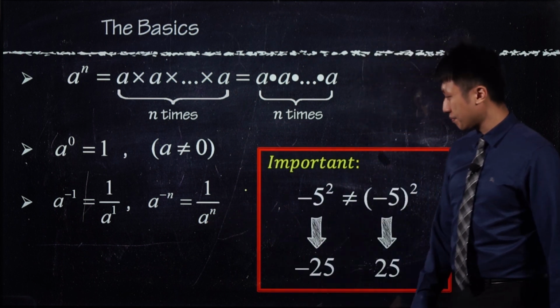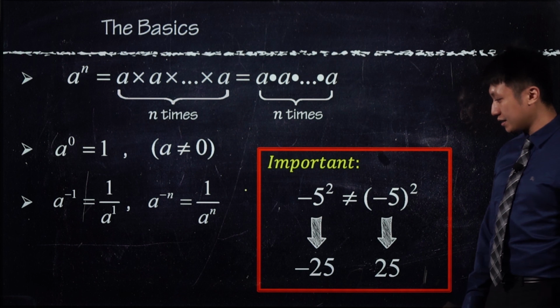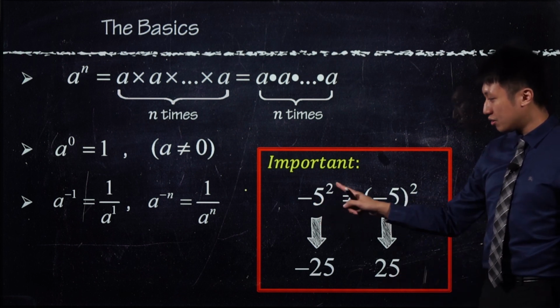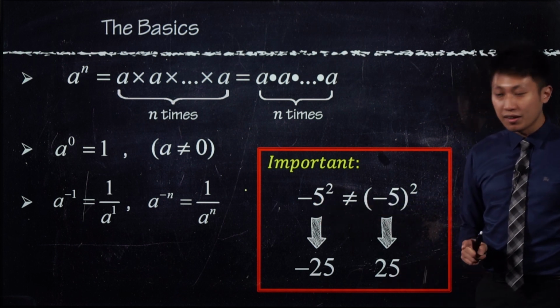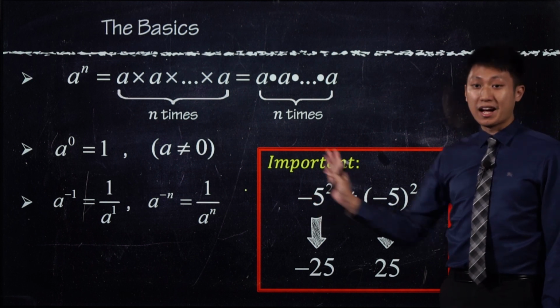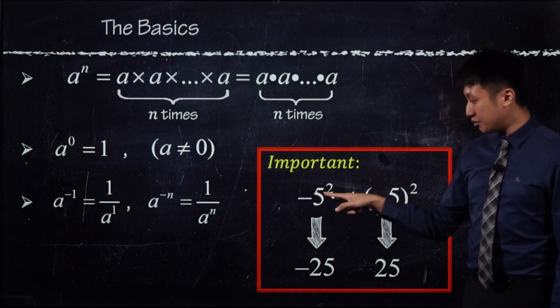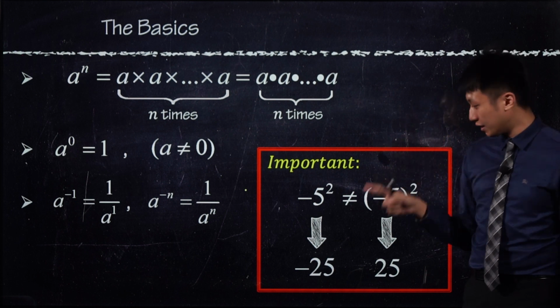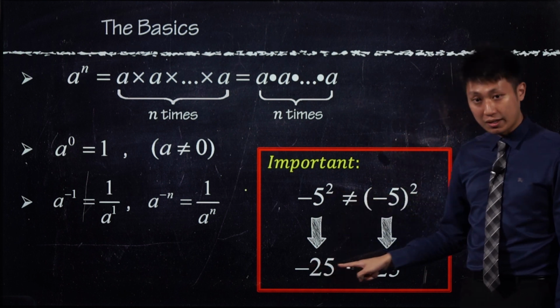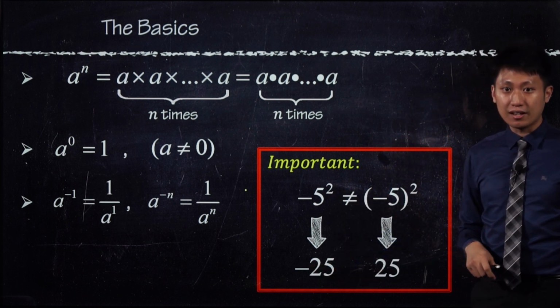Okay. So, important things here. -5 squared, what does this mean? The negative is considered to be outside, and 5 squared is like one whole thing. So this one will give you -25. This is a mistake that a lot of you make.